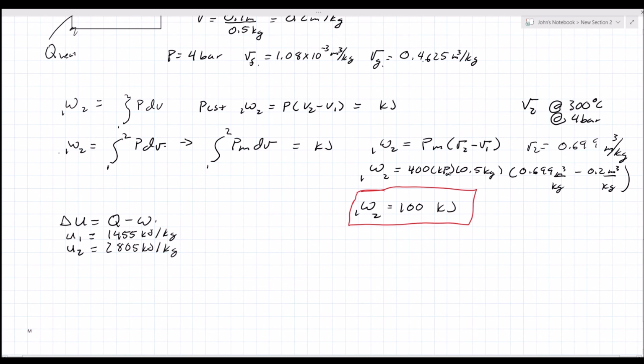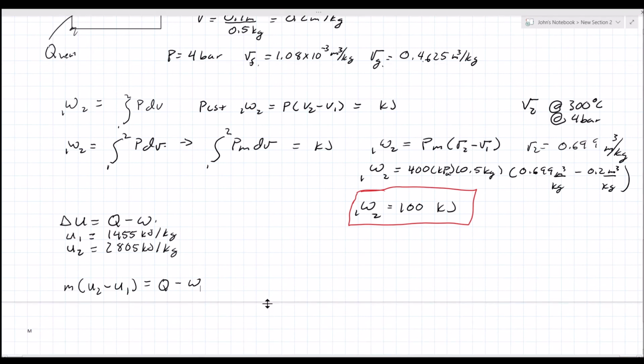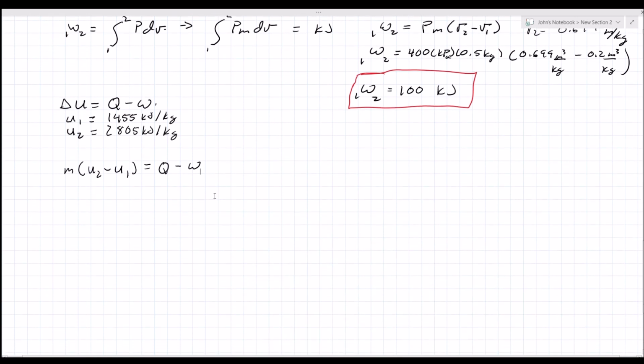Well, let's plug it in. Remember, these are specific internal energies, so I need to multiply by my mass. So I would have my mass times specific internal energy 2 minus specific internal energy 1 is equal to the heat minus the work. Simply solve for Q. Q is equal to m times (u2 minus u1) plus the work.